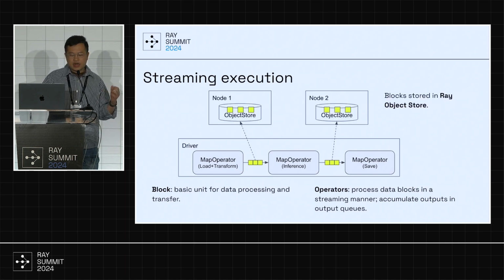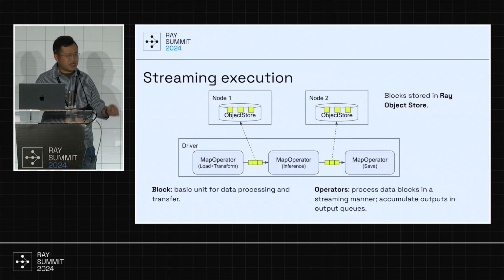The operators are running on the driver of your job, but the data will be stored in the distributed Ray object store. By using the object store, the operators don't need to fetch the data to their local process. They only need to manipulate the object references to the remote objects.